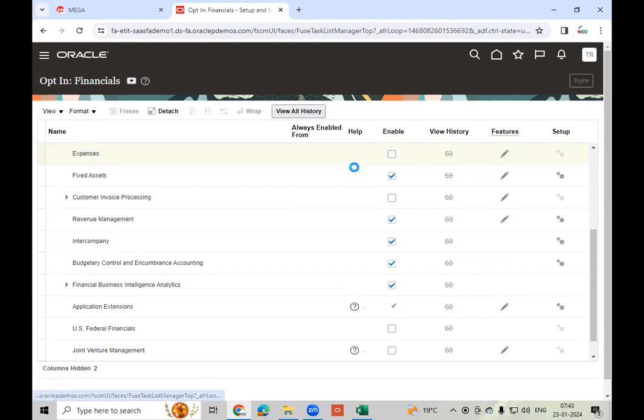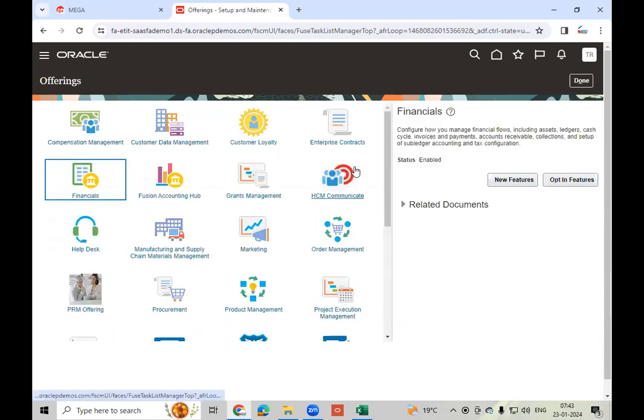So like this, in the very beginning, in the configuration phase, defining setups, at that time only, the team will enable all these offerings and features.